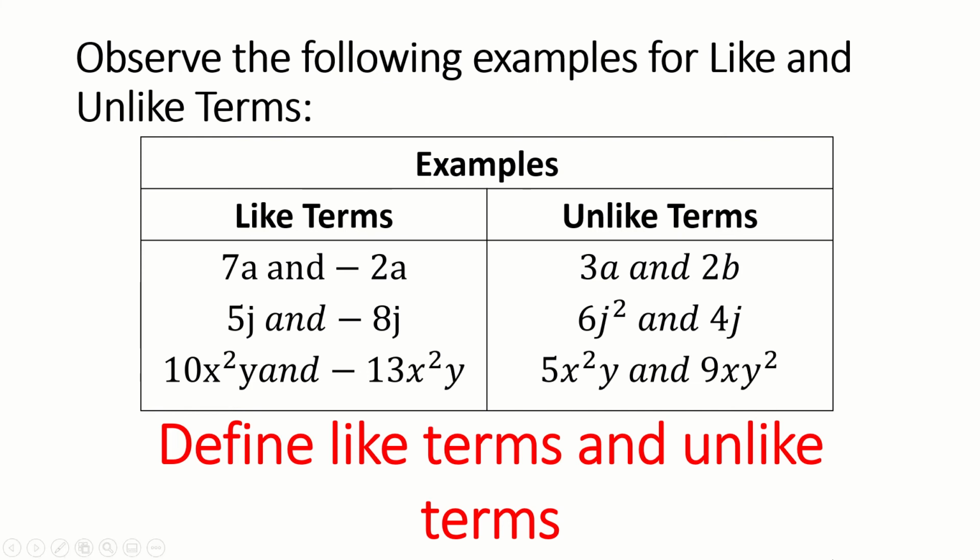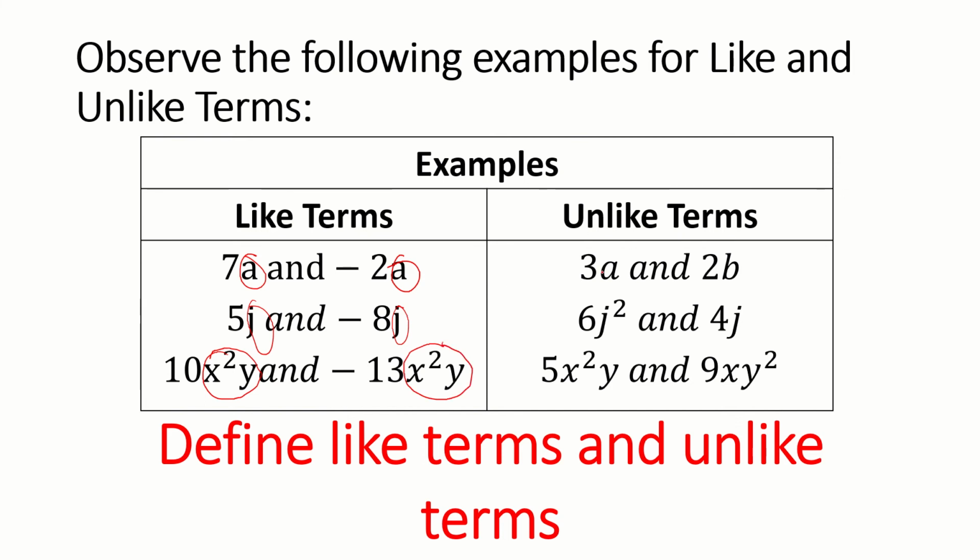So if you notice, 7a and negative 2a, they have the same literal coefficient which is a. Here, 5j and negative 8j, they have the same literal coefficient j. And here, both of them have x squared y as the literal coefficient.